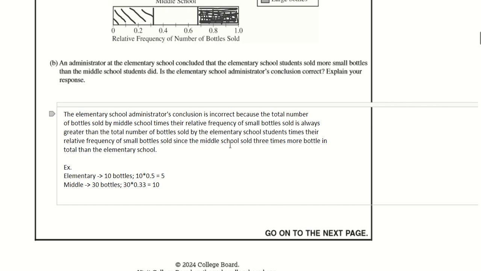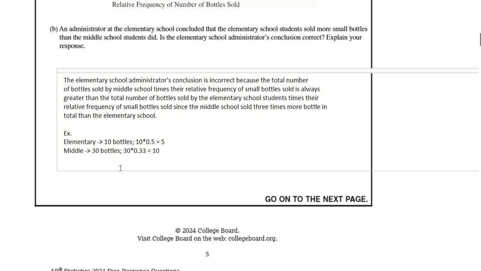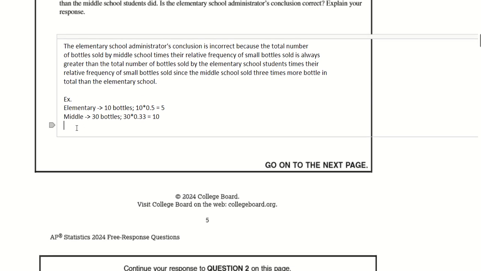And that's because the middle school sold 3 times more bottles in total than the elementary school. So it might be kind of difficult to understand this, so I just gave you an example here. Let's say the elementary school students sold a total of 10 bottles. So 10 times the relative frequency of small bottles, which is 0.5, gives us 5 small bottles.